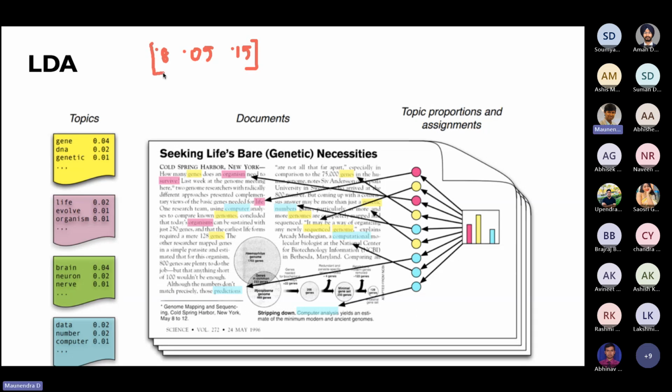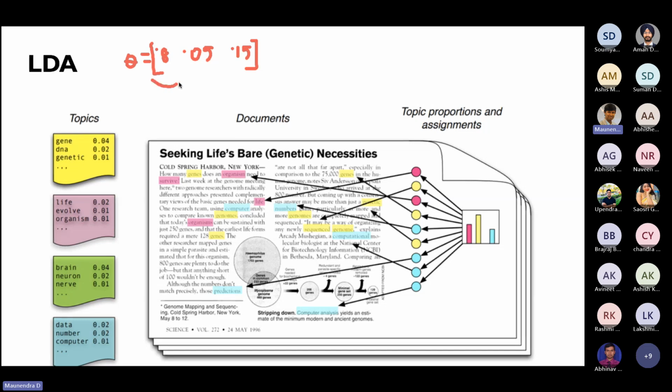There are 3 topics only. It assumes that the documents are being generated word by word. When all these parameters are given, let me call this vector theta. I'll generate the first word. For this, I'll first pick a topic from here according to this distribution.